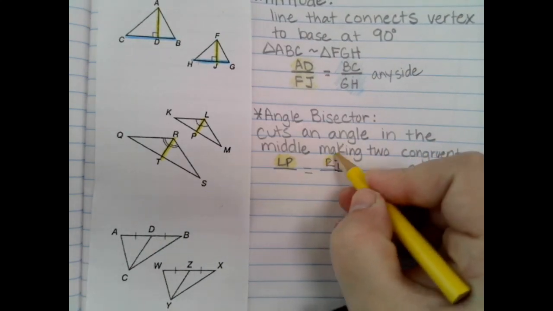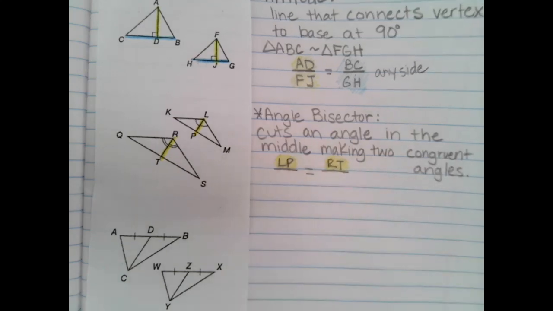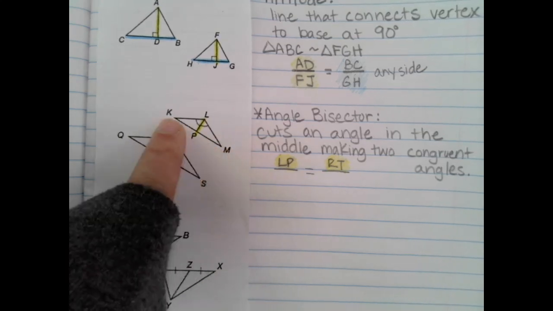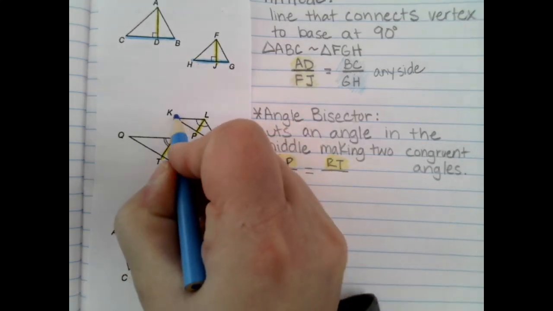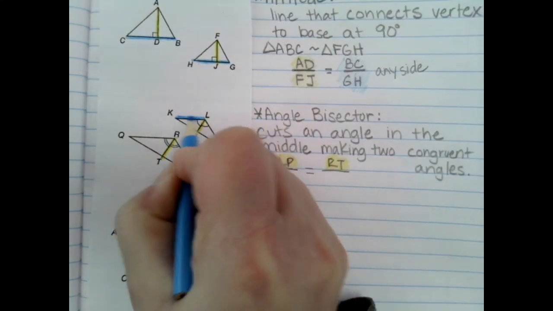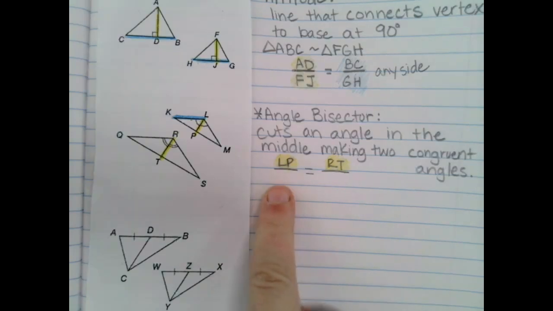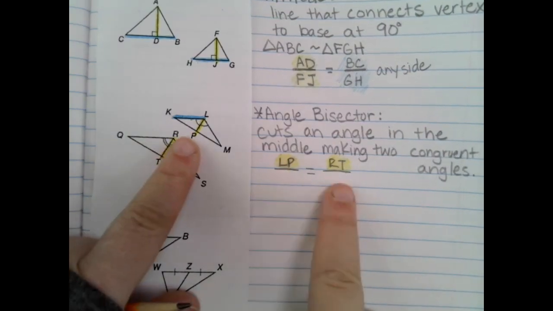So remember we've talked about how there's a couple ways to set up your proportions and have it be right. And then we can compare it to any side we want. So Naomi, do you want LM, MK, or KL? KL. All right, so if we do KL, would that go with the LP or does KL go with the RT?